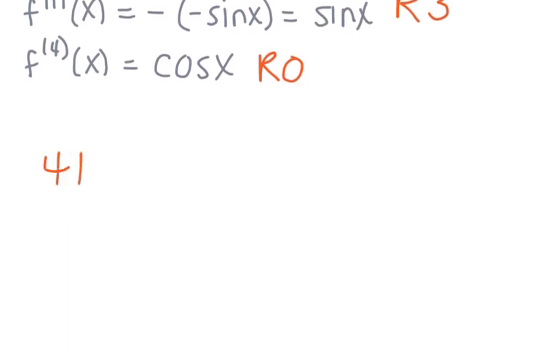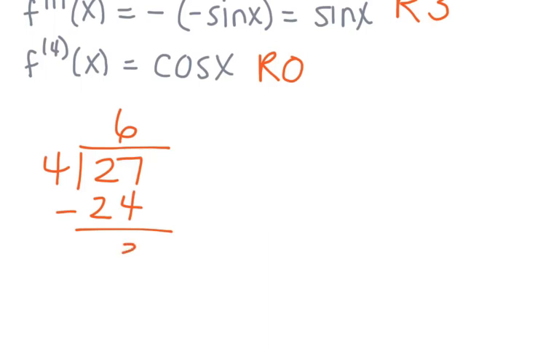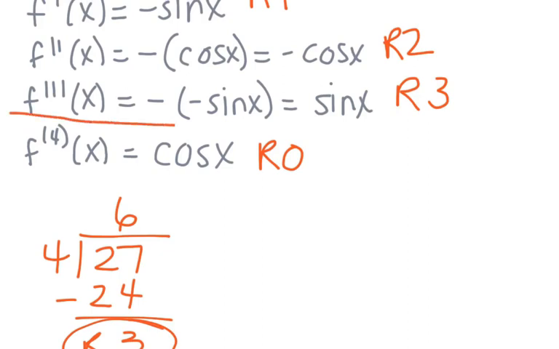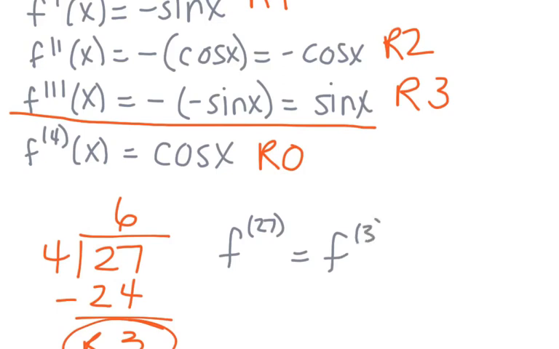If we divide 4 into 27, that would go 6 times. That gives us 24. So we're getting a remainder of 3, which means that it's going to be exactly the same as our third derivative. So the 27th derivative is going to be the same as the third derivative, and that's just going to give us sine x.